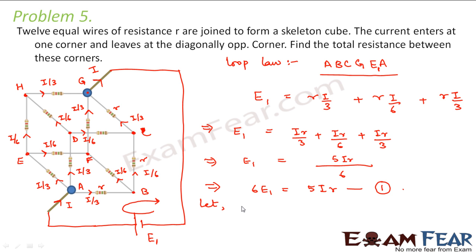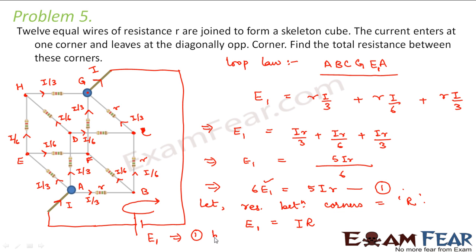Now let us assume that the total resistance between the corners which we have to find out is capital R. If the equivalent resistance between these two corners, A and G, is capital R, then what will be E1? E1 is the net EMF, so this net EMF will be equal to the total current flowing through the circuit, I, into R. So we can replace this E1 with IR.